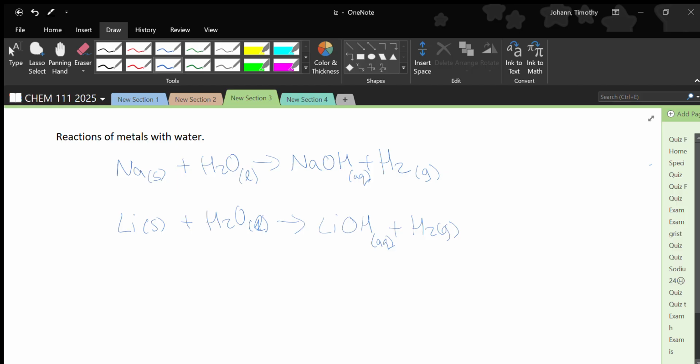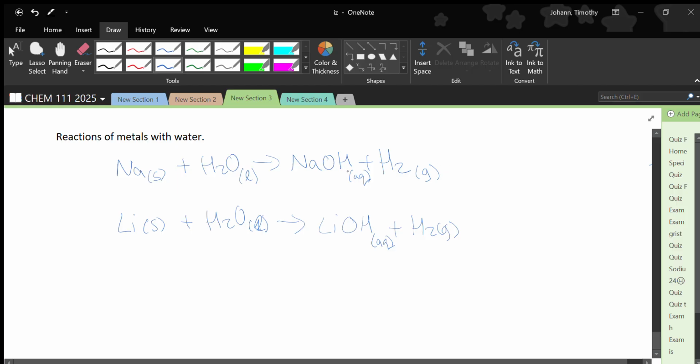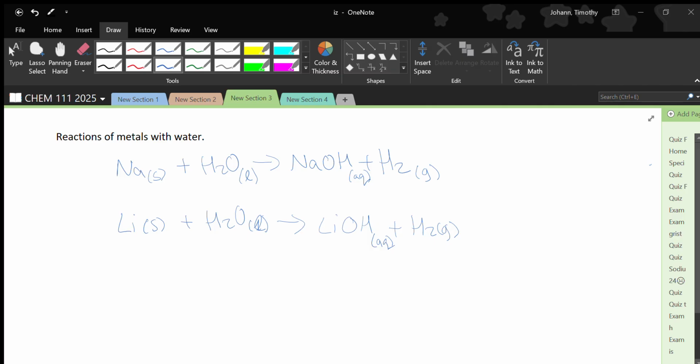Let's go ahead and balance this thing real quick. So I've got 1 sodium on each side. I've got 1 oxygen on each side, right? I've got 2 hydrogens over here and 3 hydrogens over here. So that's not going to work. It's going to be complicated. It's going to be ugly. Actually, I can balance it like this.